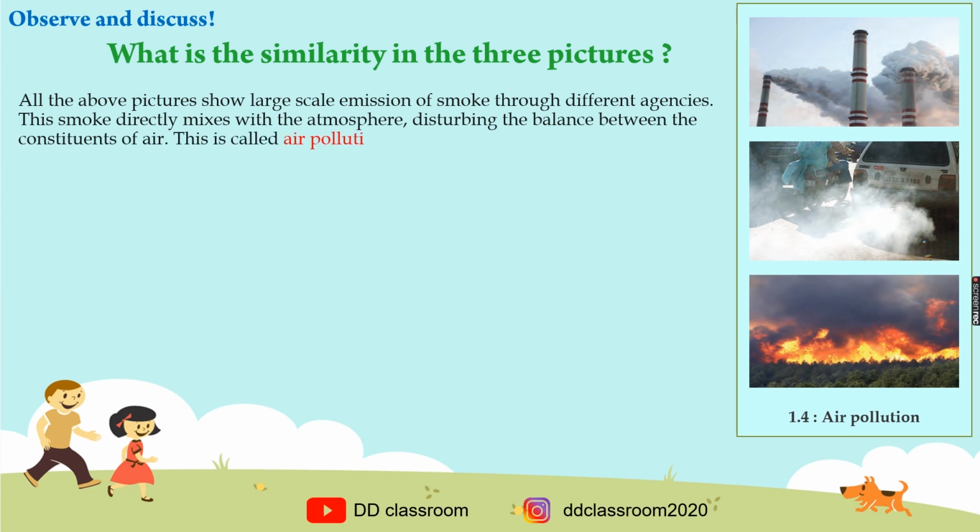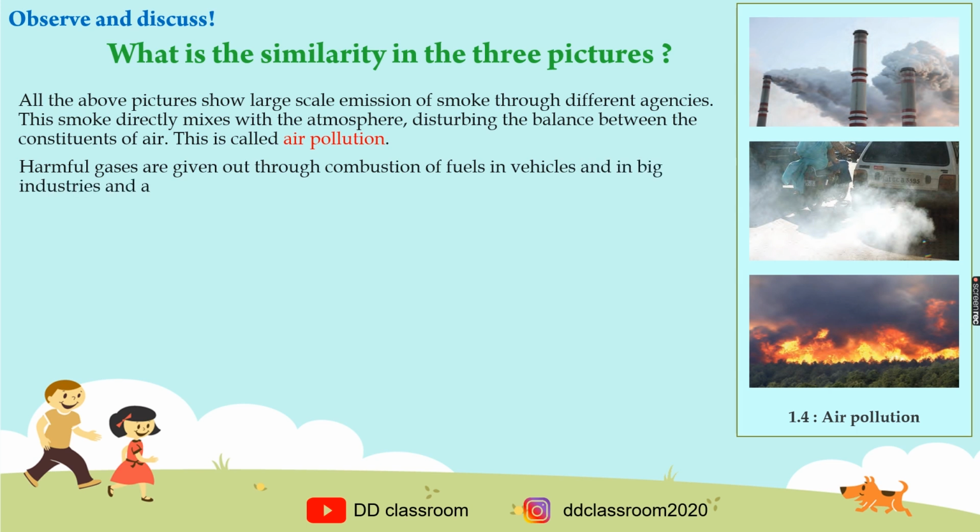This is called air pollution. Harmful gases are given out through combustion of fuels in vehicles and in big industries, and also through incomplete combustion of fuels like wood and coal. As a result, air pollution is increasing day by day.